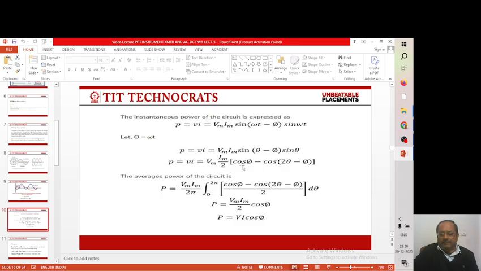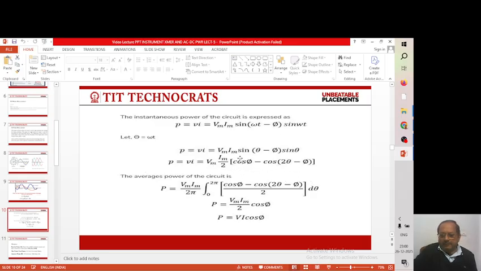Now this equation may be written in another form, and we can convert this equation into the equation below by the trigonometry method.